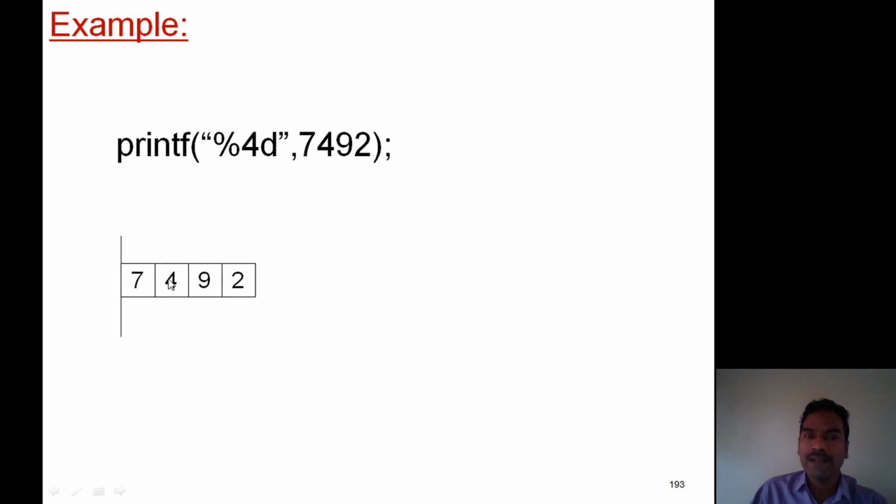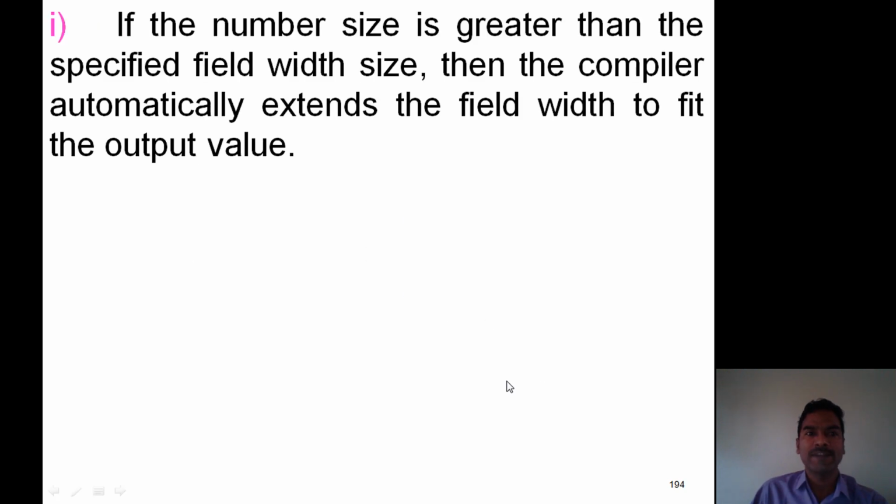Now we go for some additional modifications. Observe these points. If the number size is greater than the specified field width, then what happens? The compiler automatically extends the field width to fit the output value. So if the field width specifier is less than the number size, the field width automatically expands to the number size.